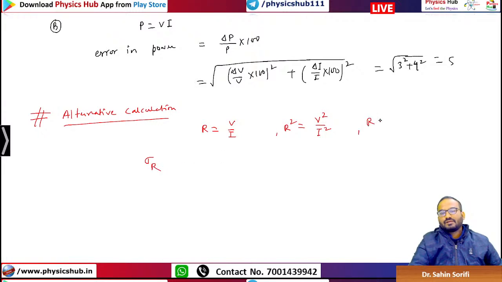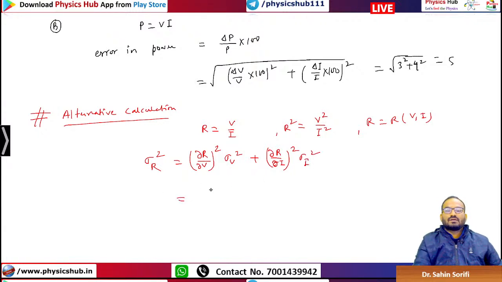So R you can consider as a function of V and I. So sigma R square equals (del R by del V) whole square sigma V square plus (del R by del I) whole square sigma I square. Let us check whether we are getting it. So this is (1 by I) whole square sigma V square plus (minus V by I square) whole square sigma I square.